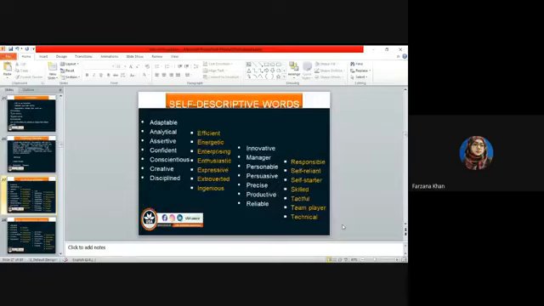The cover letter and resume are also part of business writing. Self-description words: here again you can see the action verbs. Again, the self-descriptive words are basically adjectives which you can use to show your skills, to show your enthusiasm, to reflect your skills. So these are the adjectives which you can use while writing your cover letter.